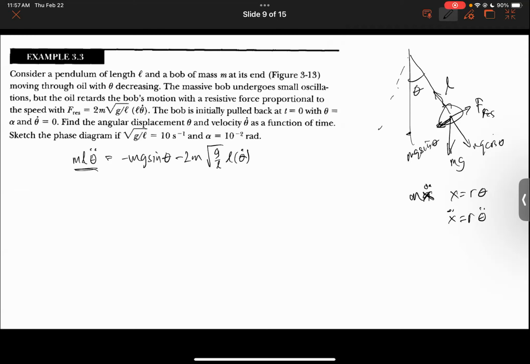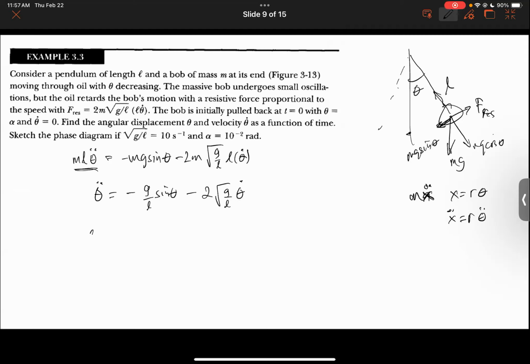So that is the resistive force. Now, if we simplify that, let's divide everything by M, so the M goes away, right? And then divide everything by L, then we get negative g over L sine theta, minus 2 g over L, cancel the L, then theta dot.